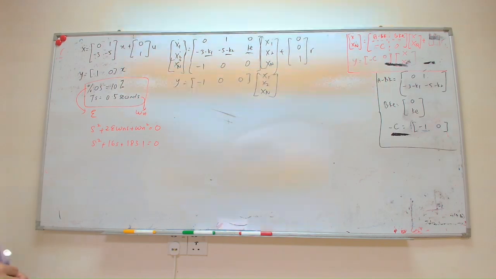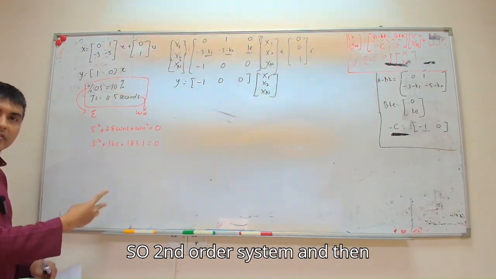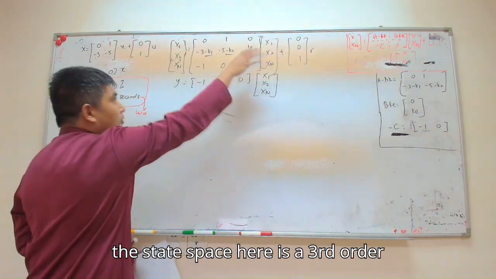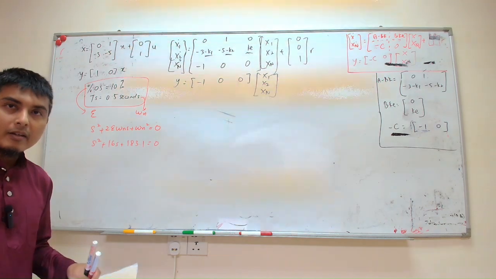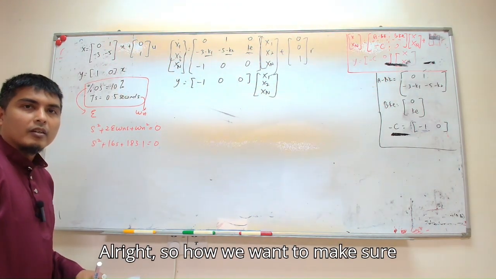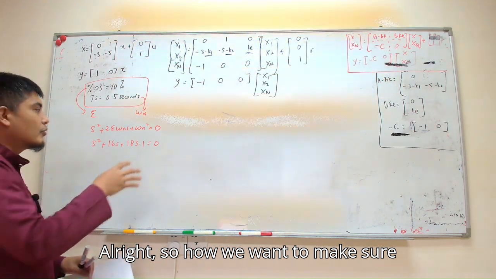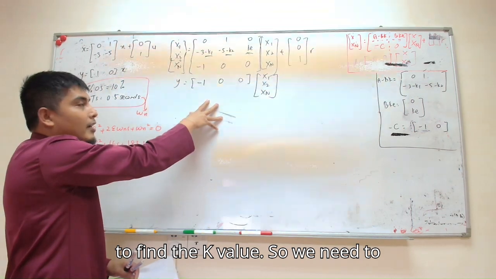However, if you look at here, this is s to the power of 2, a second order system, and the state space here is a third order system. So you cannot compare between a second order and a third order system.